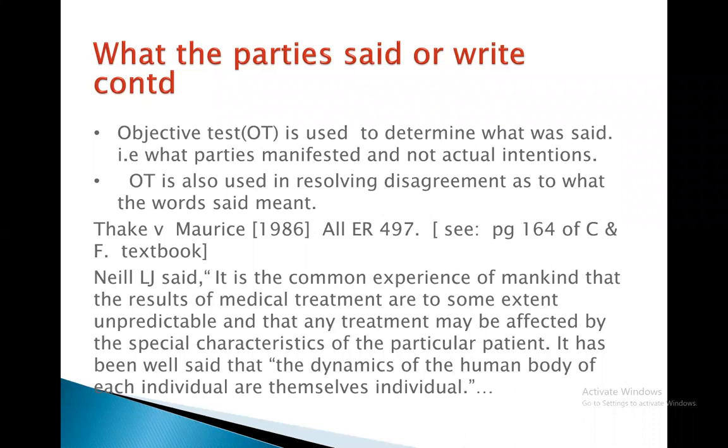By the objective tests, we will be interested not in what A meant or what A in his subjective mind intended to have said, and vice versa for B. On the other hand, our main interest will lie in what a disinterested, officious bystander, a neutral person, present at the time A and B were having the discussion, would have understood.